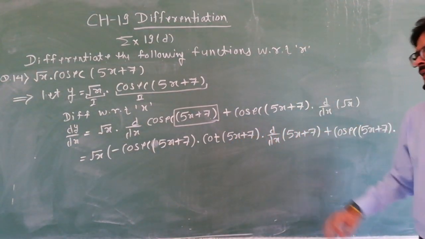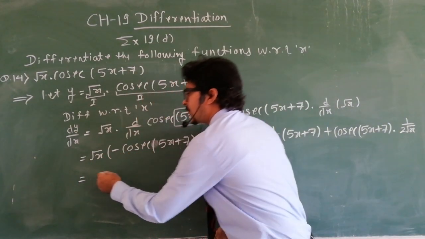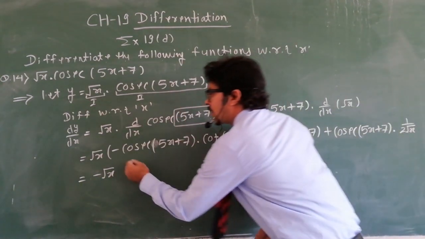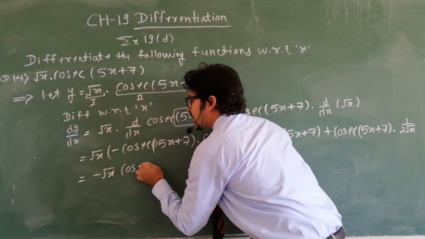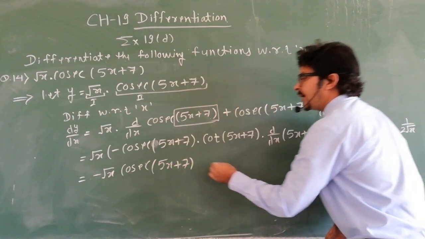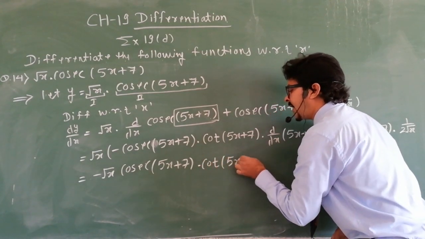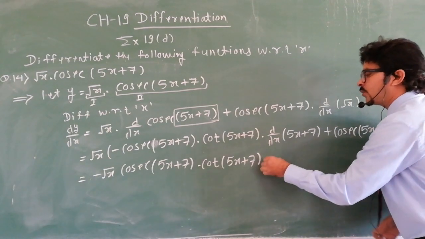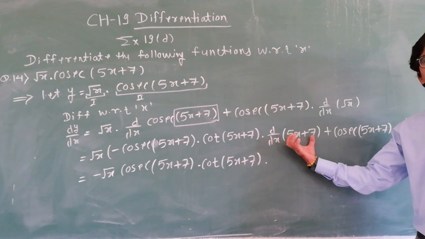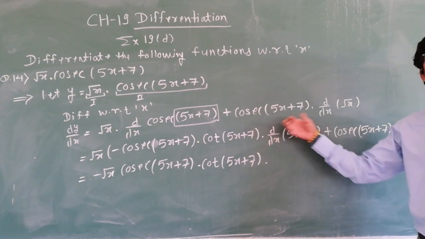After this, we need to simplify. On the first term it gives minus root x cosec in bracket 5x plus 7, into cot in bracket 5x plus 7, into the derivative of this bracket. Again it is the sum of two terms, and you know that the derivative of a sum is the derivative of the first function plus the derivative of the second function.